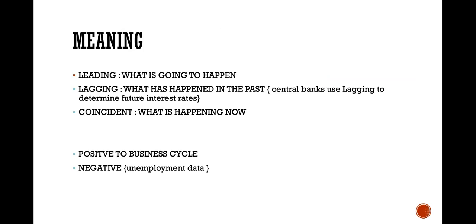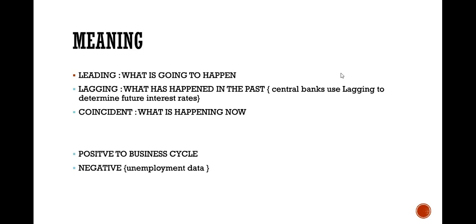Things like your unemployment data, your CPI, and all of those are leading indicators because that's what's going to happen in the future. Then what's happening now?